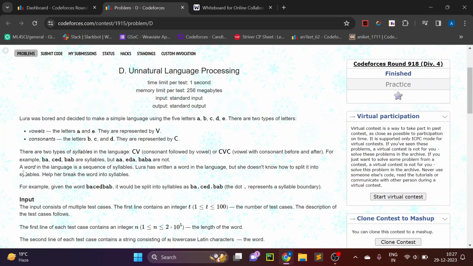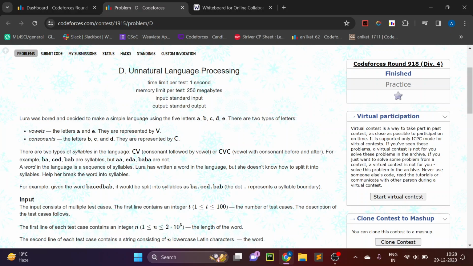Now we are given a string. A word in the language is a sequence of syllables, and Lura has written a word in the language, but she doesn't know how to split it into syllables. So we have to break it into syllables. For example, we are given, let's say, the string BACEDBAB.